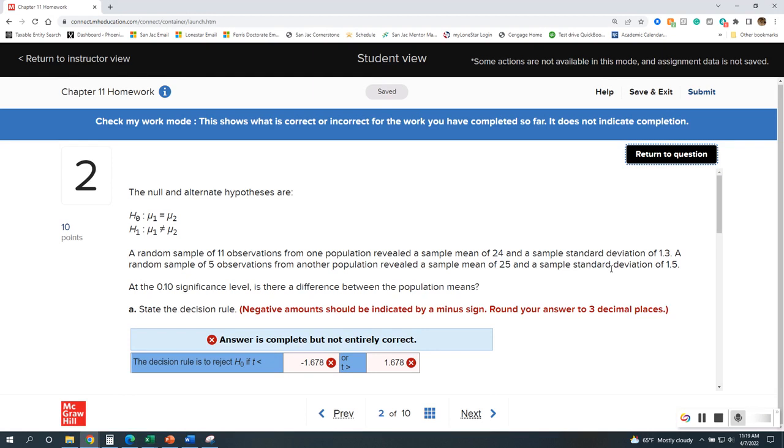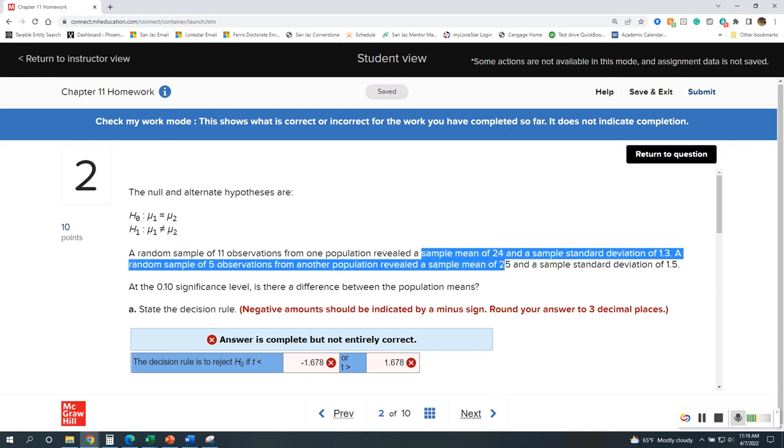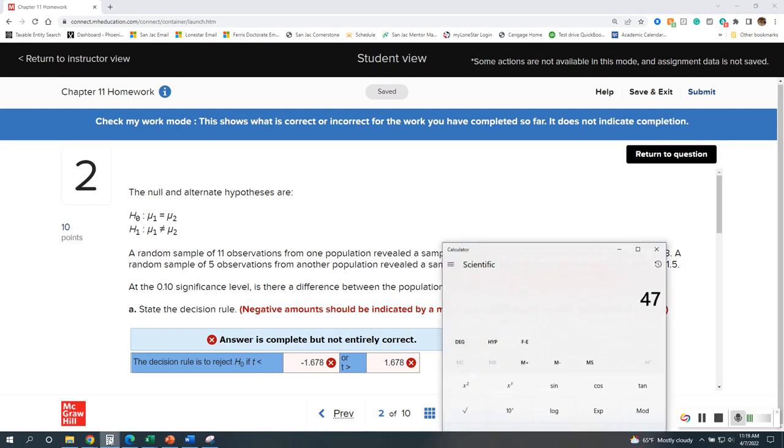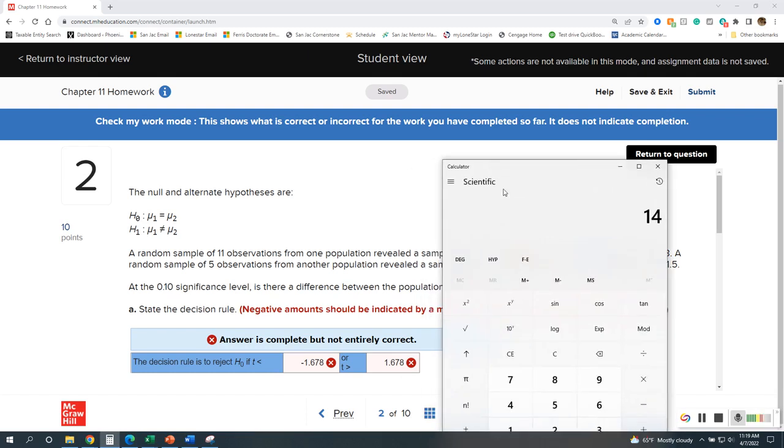Did I do the wrong one? I did the wrong one, didn't I? For some reason, I'm thinking 24, 25. That's the mean, isn't it? Okay, so 11 plus 5, which is 16, minus 2. Mistakes happen. We look at all these numbers.